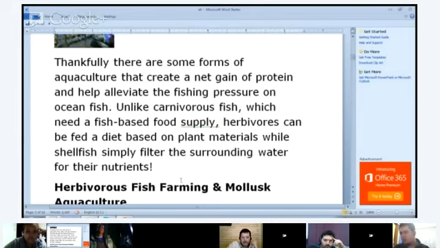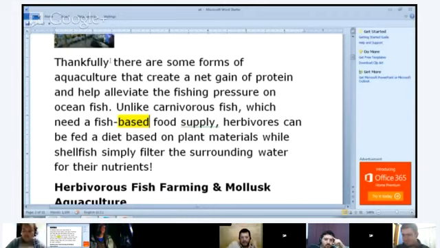Unlike carnivorous fish, which need a fish-based food supply, herbivores can be fed a diet based on plant materials, while shellfish simply filter the surrounding water for their nutrients.